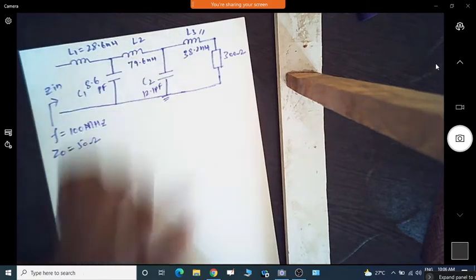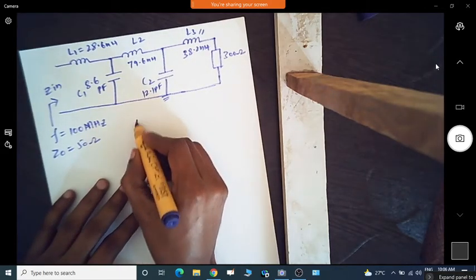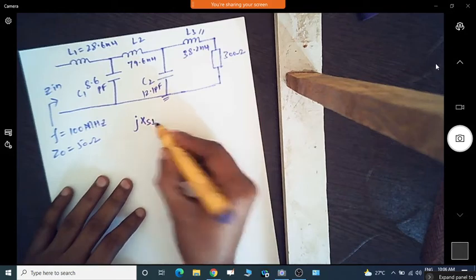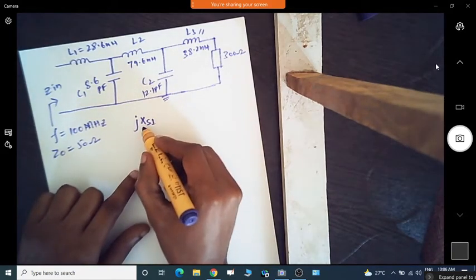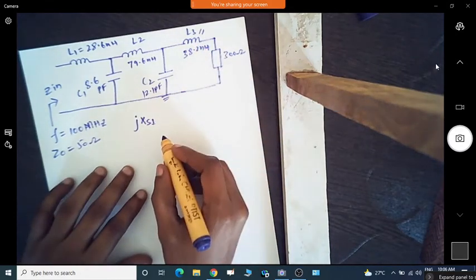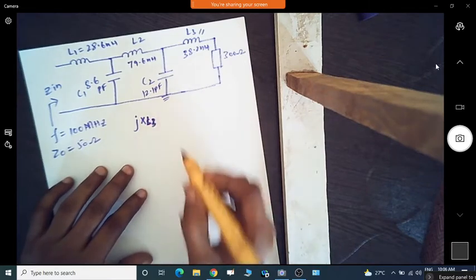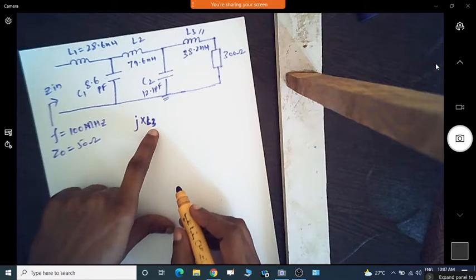We can calculate how much series reactance it offers using this equation, jx, for series element 1, the normalized reactance of the inductor L3.